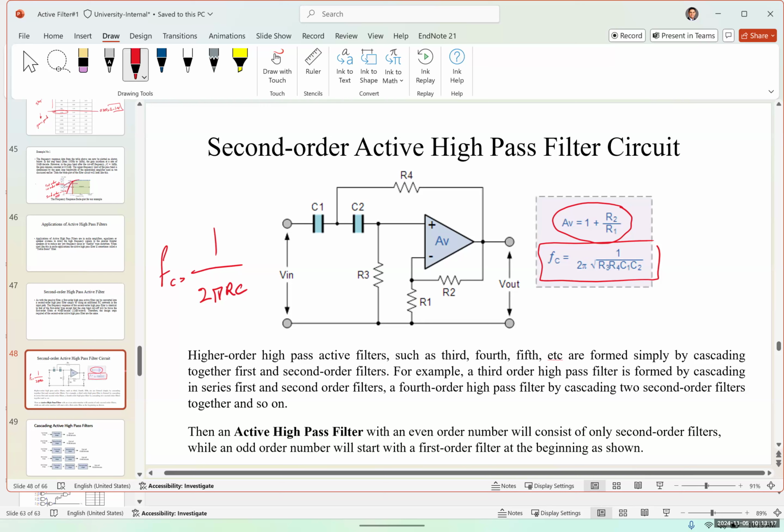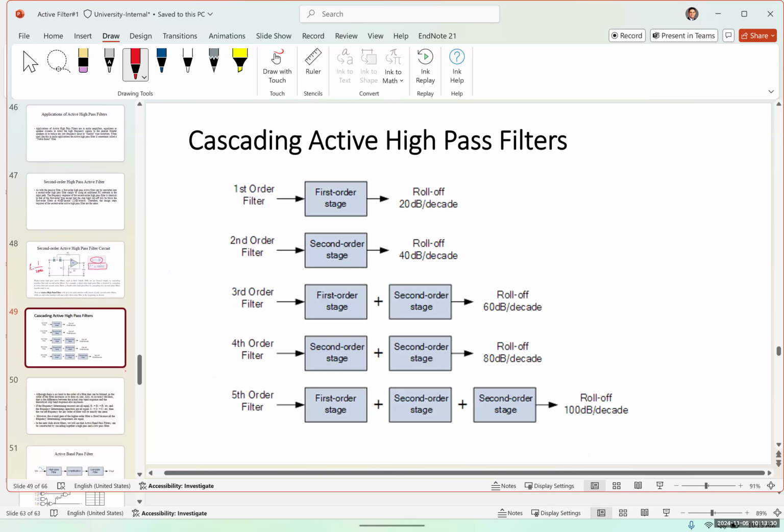Then an active high pass filter with an even order number will consist of only second order filters, while an odd order number will start with a first order filter at the beginning as shown. So this is how we build higher order filters.